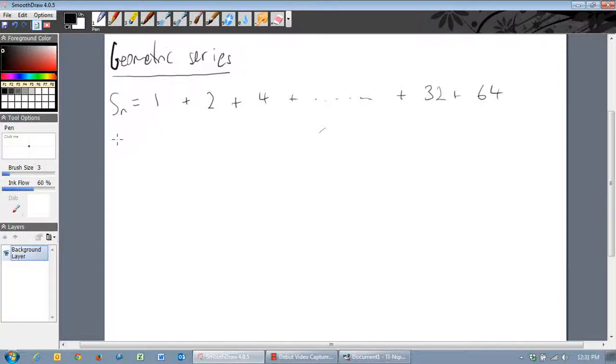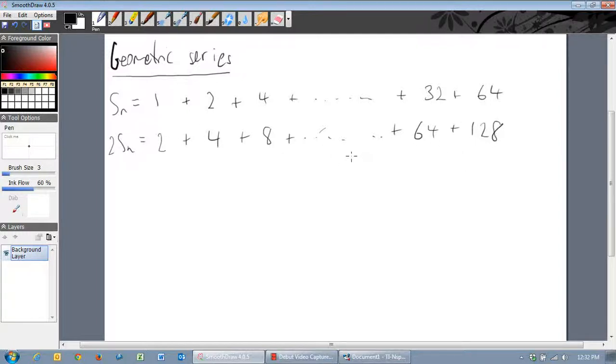Let's multiply this whole thing by 2 and see what happens. So 2 times Sn multiplies everything by 2. 1 times 2 is 2. 2 times 2 is 4. 4 times 2 is 8, plus dot dot dot, plus 32 times 2 is 64, plus 64 times 2 is 128.